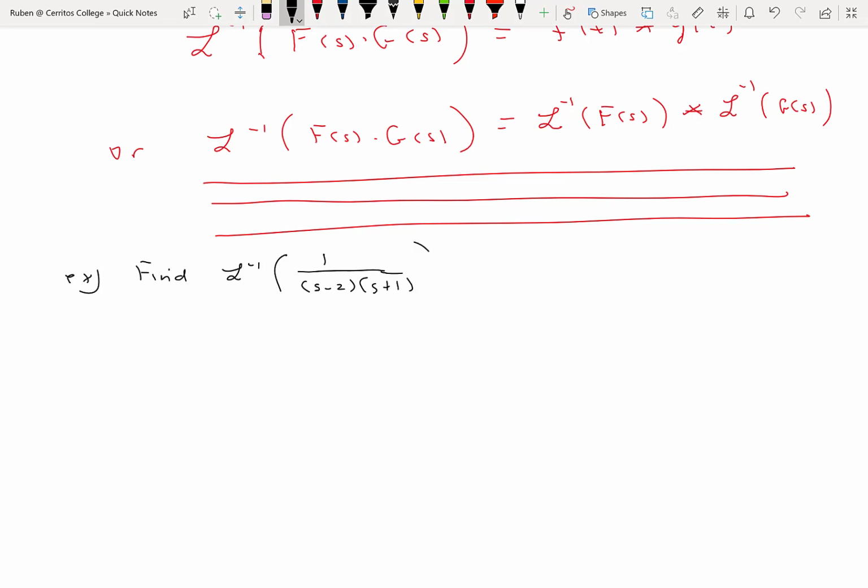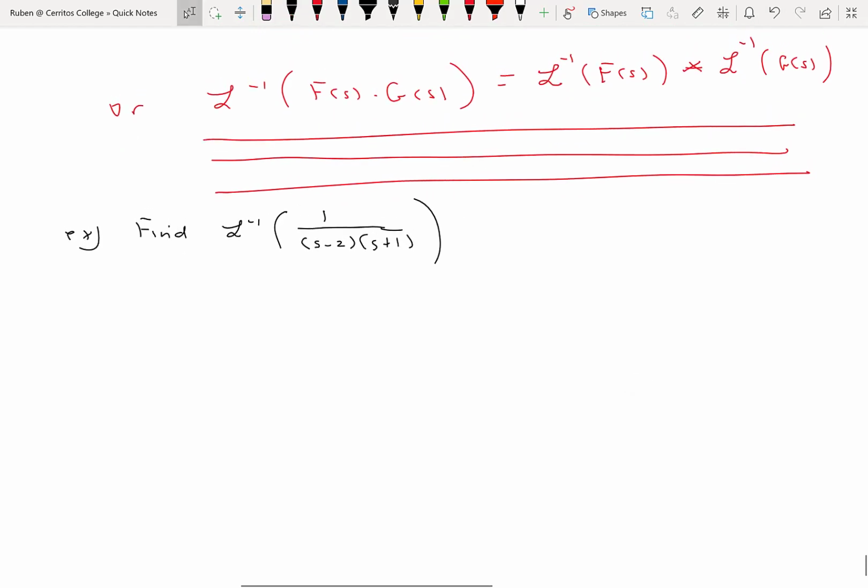So why is that the inverse Laplace transform of the product of two functions of s? It looks like just one function of s. Well, not really. It is in the sense that it's one rational expression, but it can be broken down into 1 over s minus 2 times 1 over s plus 1.